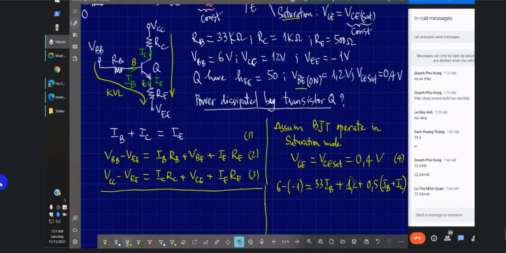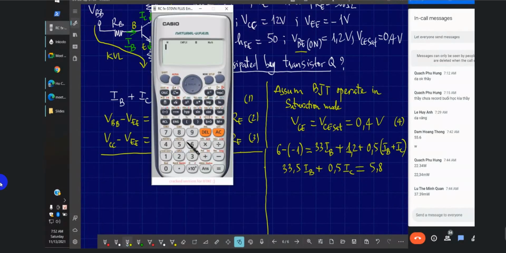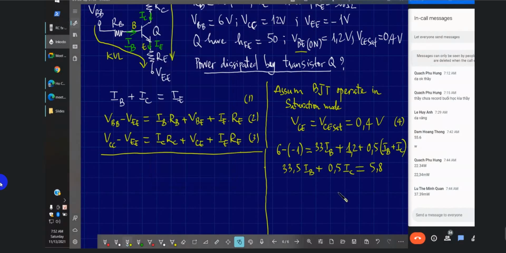Then we have the two-variable equation: 33.5 IB plus 0.5 IC equals 7 minus 1.2. Let me double check it. 7 minus 1.2 is 5.8.